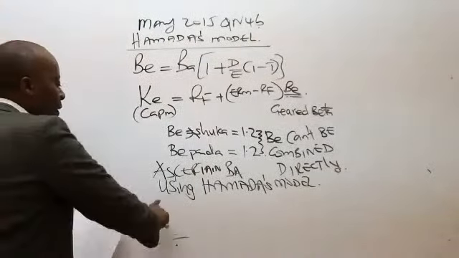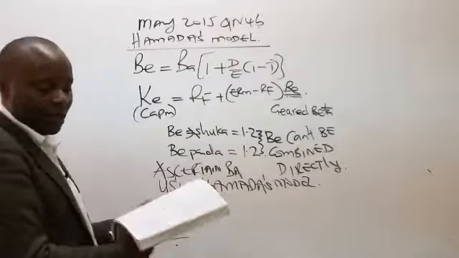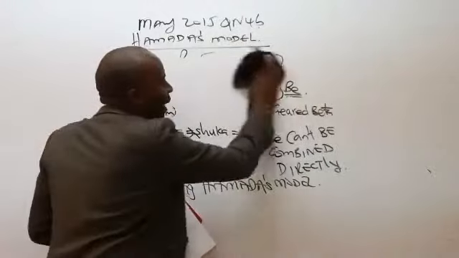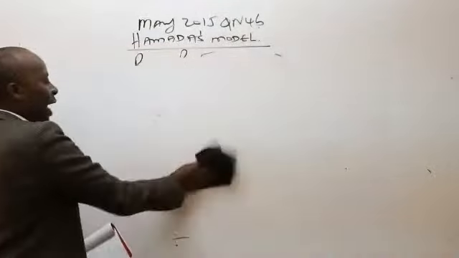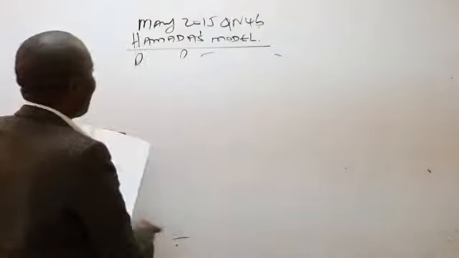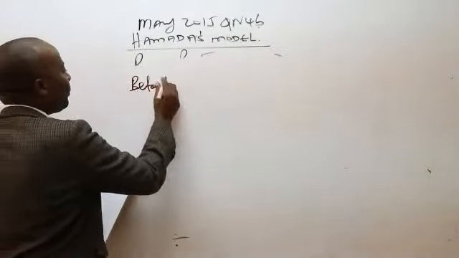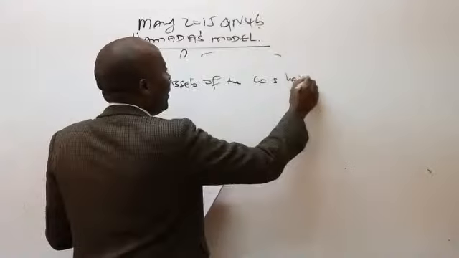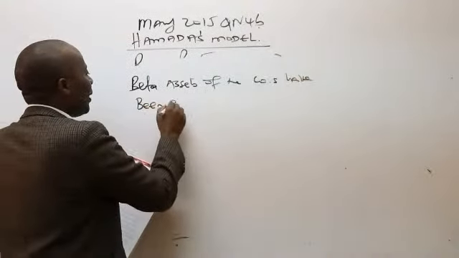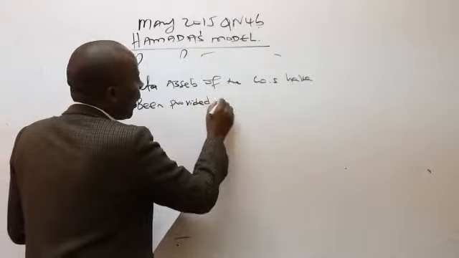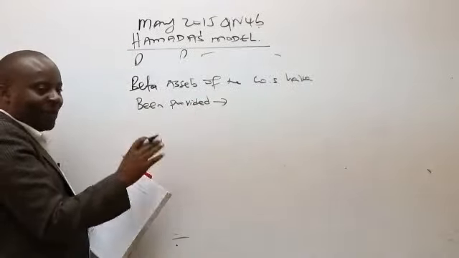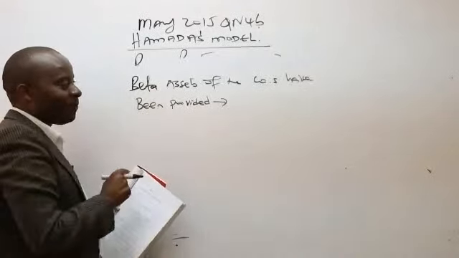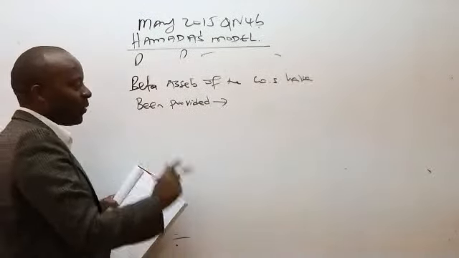In this question, if I were you, I would write there that beta assets are given, have been provided directly. So I will not use Hamada's model to ascertain beta assets of the specific companies.